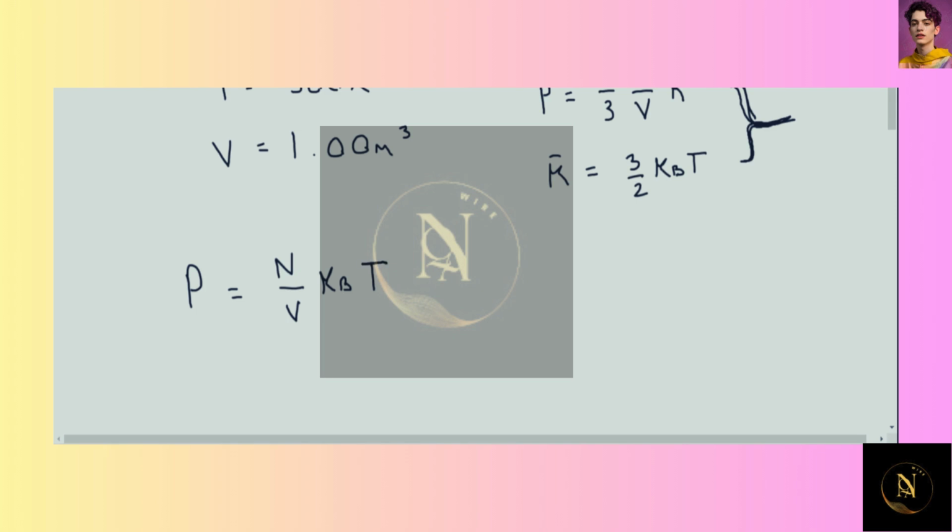And this is exactly what you would get if you solved for pressure from the ideal gas law and you converted from little n to big N. It's the exact same thing there. So now, if we solve this equation for N, we will have PV over kBT equals N.